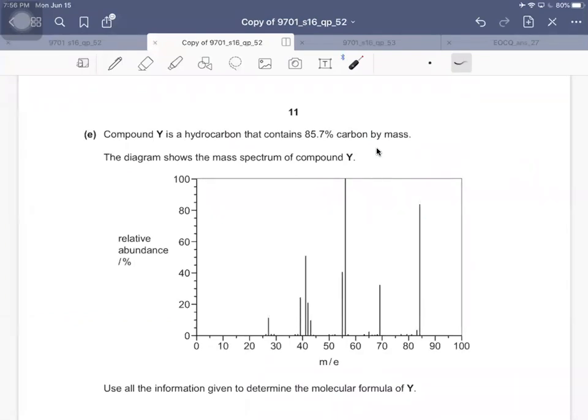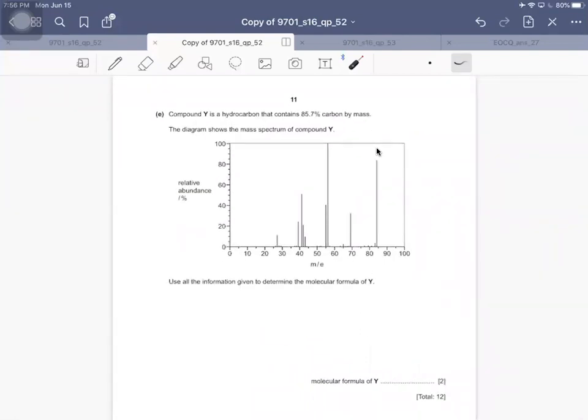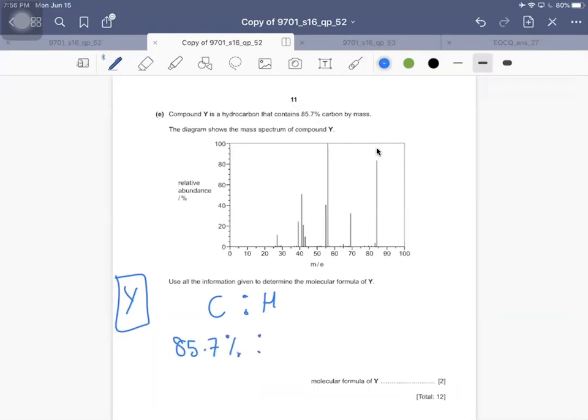Okay, so compound Y is a hydrocarbon. That means it contains carbon and hydrogen, and it contains 85.7% carbon by mass. So that makes your hydrogen how many percent? I have a calculator in front of me, but I don't want to do the calculation because I know you can do it for me.